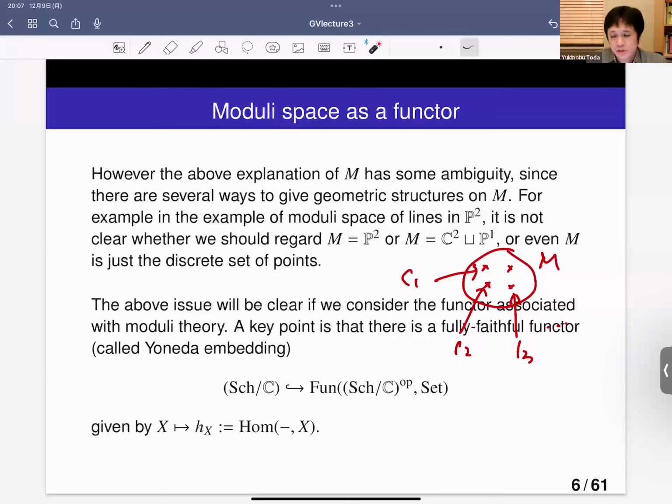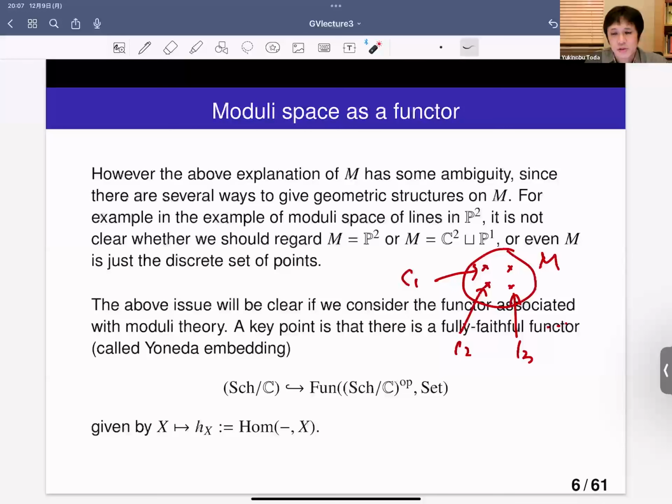So a priori, if you just say a moduli space is some space whose points have a one-to-one correspondence with the geometric objects which we want to consider, then there are some ambiguities about its geometric structures. However, this issue is solved if we consider the functor associated with moduli theory.